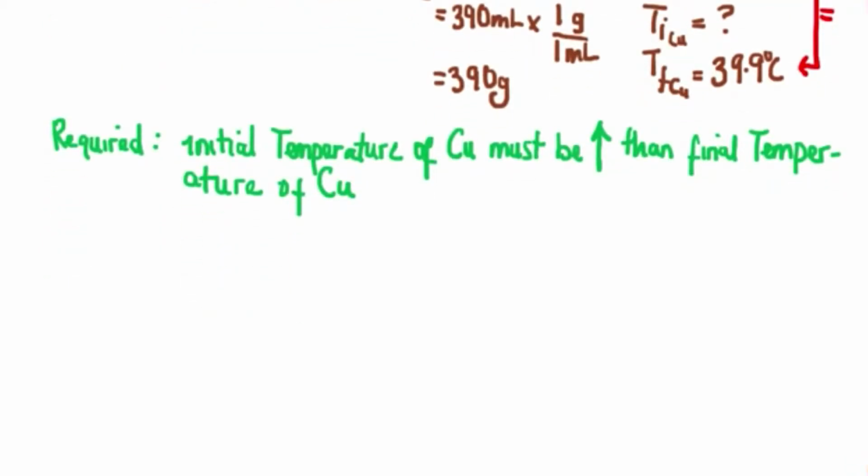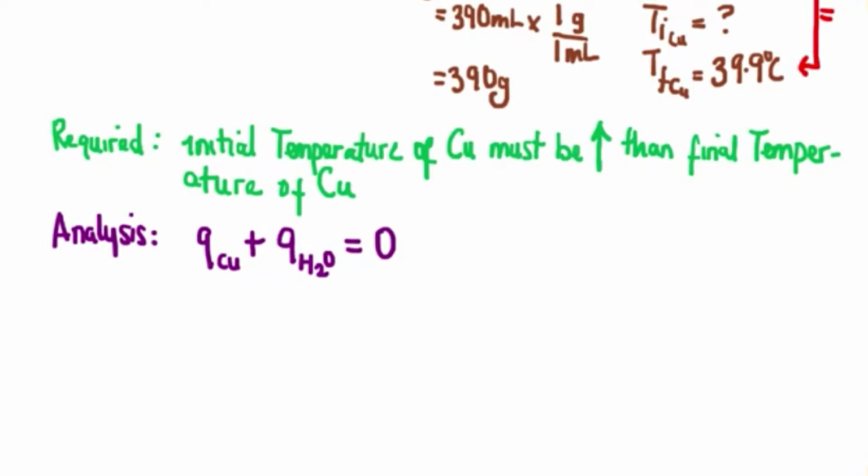Using a formula mainly targeted towards calorimetry, the sum of the heat gain and loss in a system is equal to 0, so the heat of copper plus the heat of water equals 0.